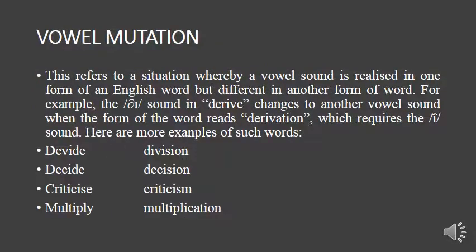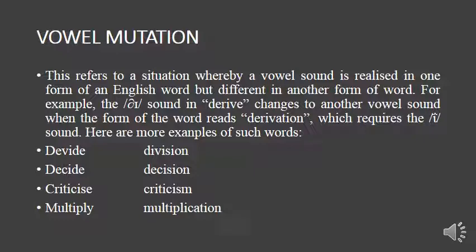In this slide, we are going to look at what is called vowel mutation. This refers to a situation whereby a vowel sound is realized in one form of an English word but differently in another form of the word. For example, if you look at the examples given in this slide, we can see divide and division.